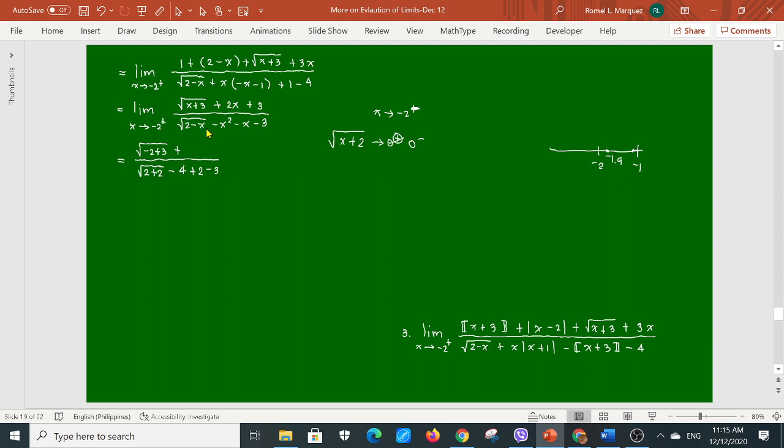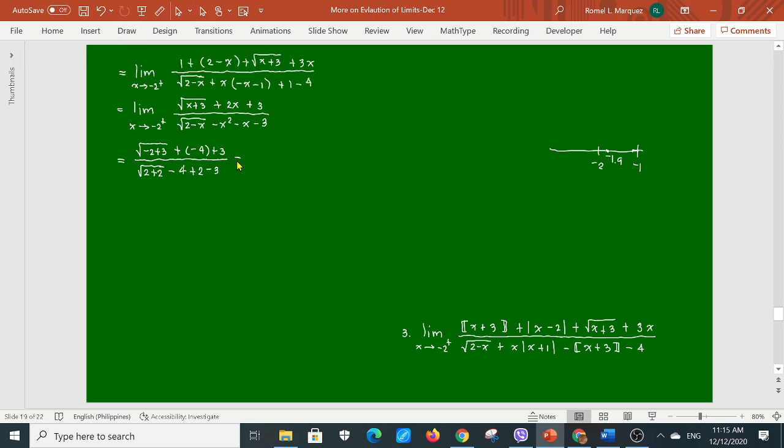So, this is 2 times 2, negative 4. Okay? And then, plus 3. Am I right, guys? And that is now equal to what? What's now the limit, guys?